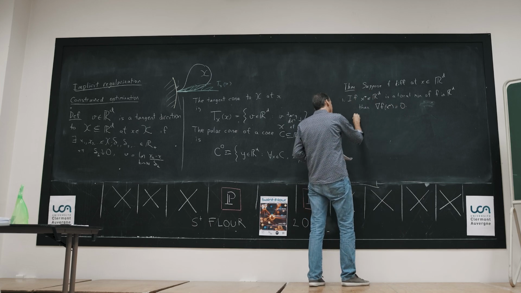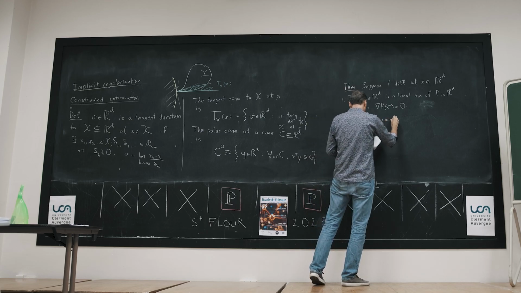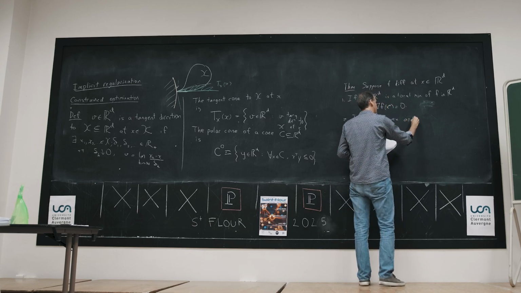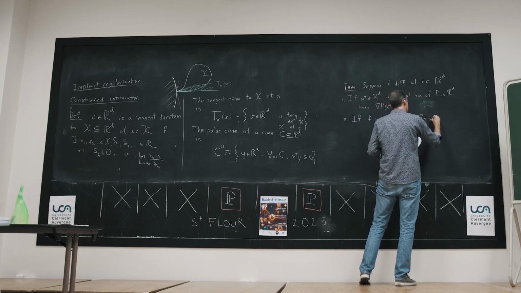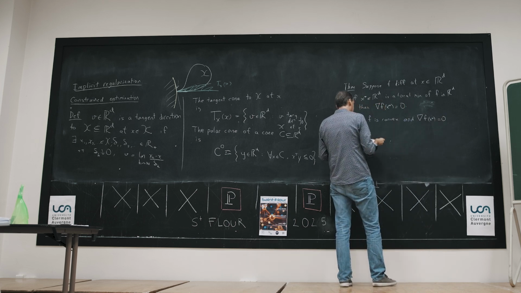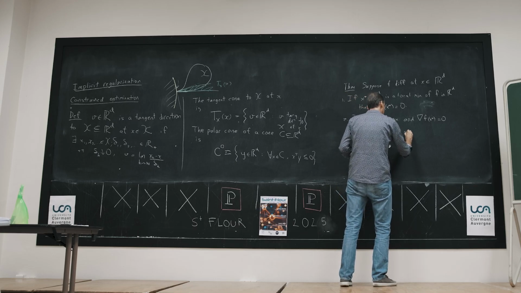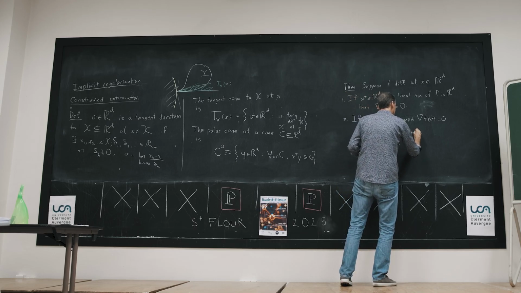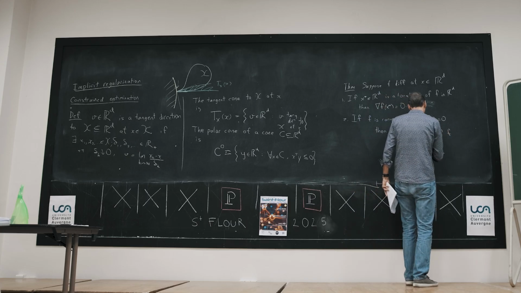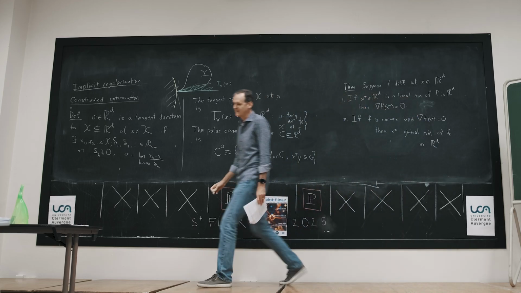And it's an if and only if when f is convex: if f is convex and grad f is 0, then x star is a global min in R^d.